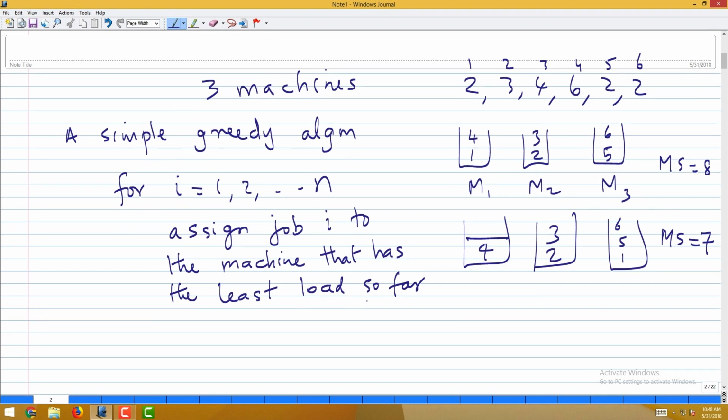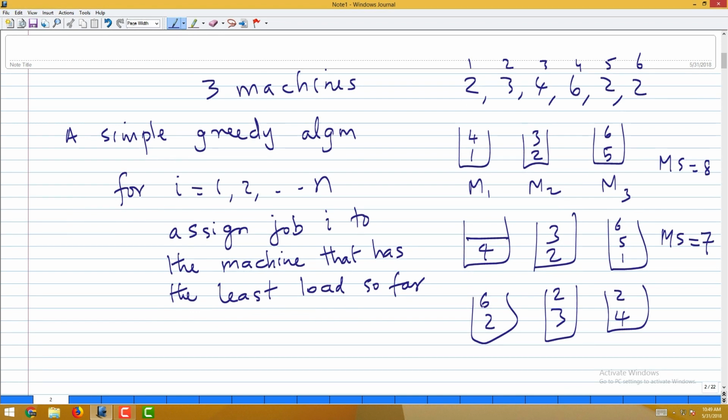Okay. So, if I do this greedy algorithm on this sequence, then what would I do? On M1 I am going to give 2, M2 will take 3, M3 will take 4, and then 6 comes, I am going to assign 6 here, and then 2 comes, I will assign it here, and then the next 2 will be assigned here. Why did I assign 6 here? Because this machine had the least load at that point among the 2, 3, 4.